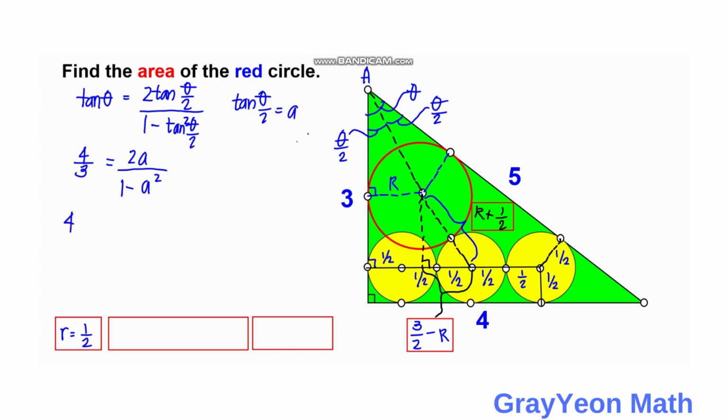So we have 4 minus 4a squared is equal to 6a. Therefore, rearranging this, we have 4a squared plus 6a minus 4 is equal to 0.